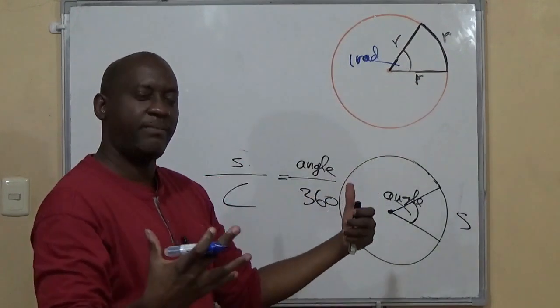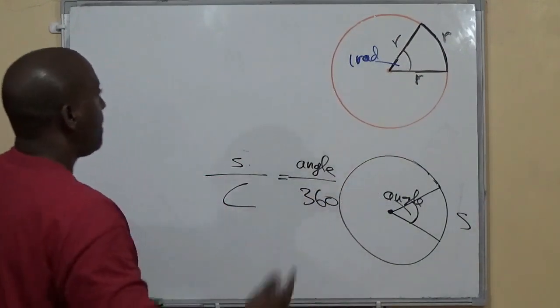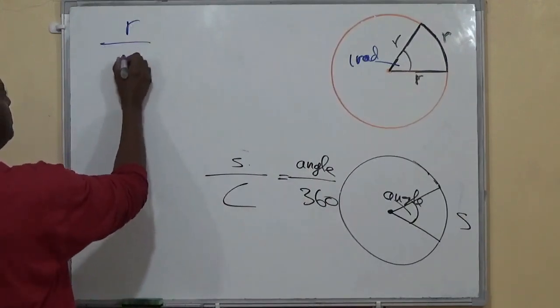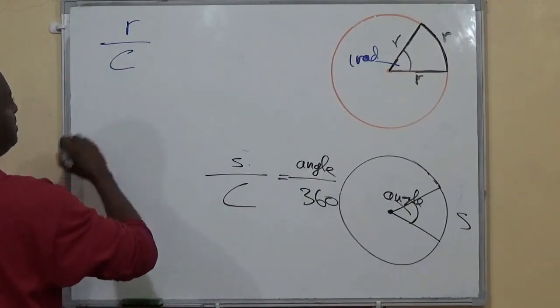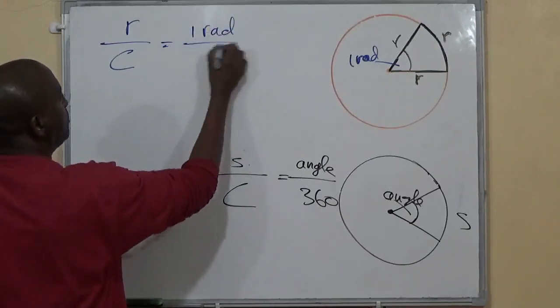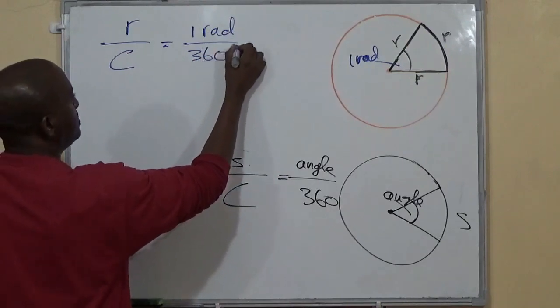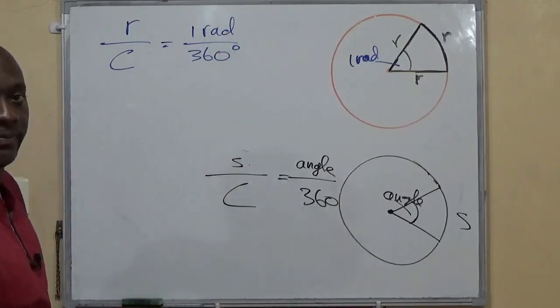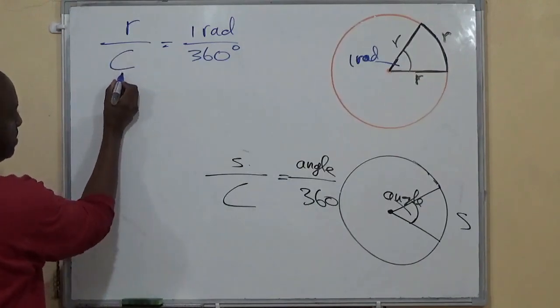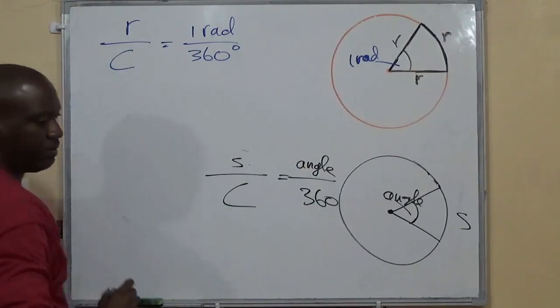So we immediately make a connection between the two. In other words, R, the radius, over the circumference, big C, is the same thing as 1 radian over 360 degrees. Nice?